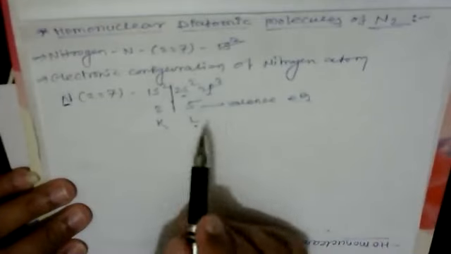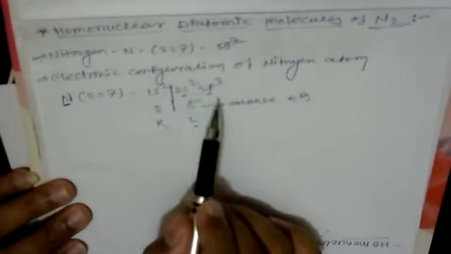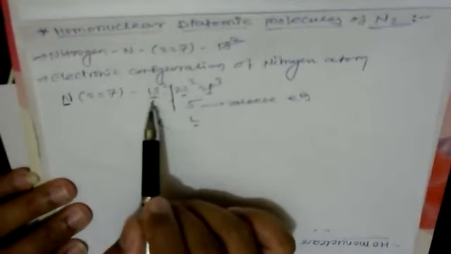How will you draw the molecular orbital energy level diagram? Which orbitals are involved in the electronic configuration: 1s, 2s, 2p. But more preferably, the molecular orbital energy level diagram is drawn with 2s and 2p. The 1s orbital has to be included in homonuclear diatomic molecules, but it is considered non-bonding.